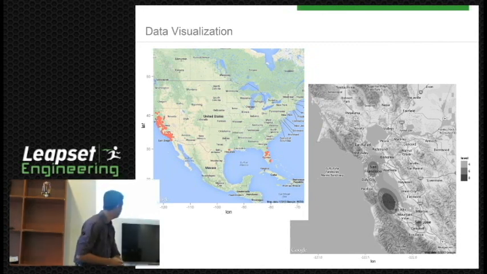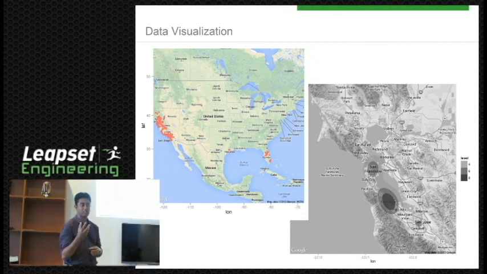Here's another view of the San Francisco area. This is a heat map. You can see the density in the San Carlos area is high. This is something that is very difficult to understand just by looking at the data.